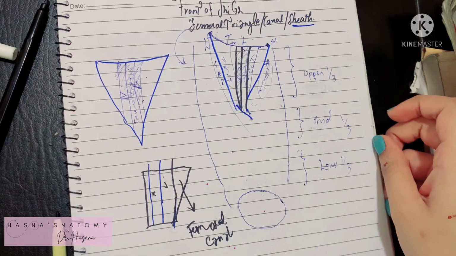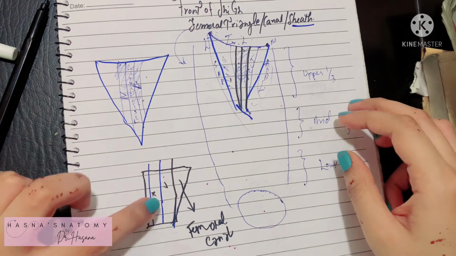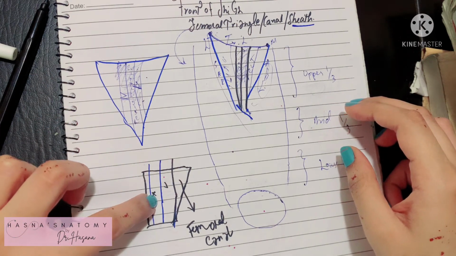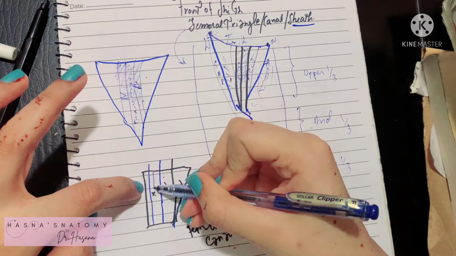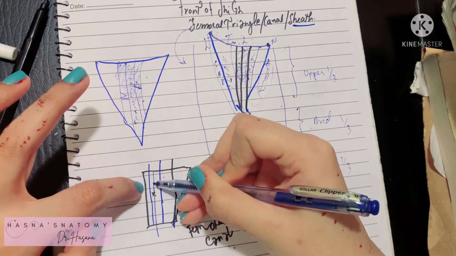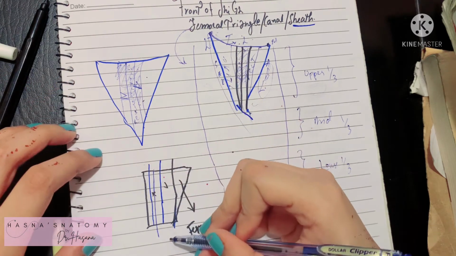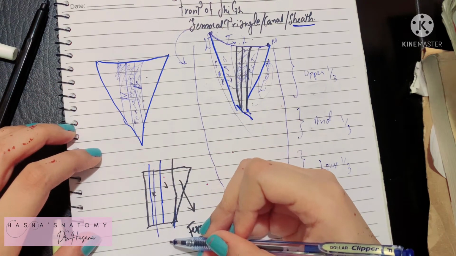So this fascia has 3 compartments: the most lateral compartment or the arterial compartment, which consists of the femoral artery and a small nerve that is passing with the artery known as the femoral branch of the genitofemoral nerve.